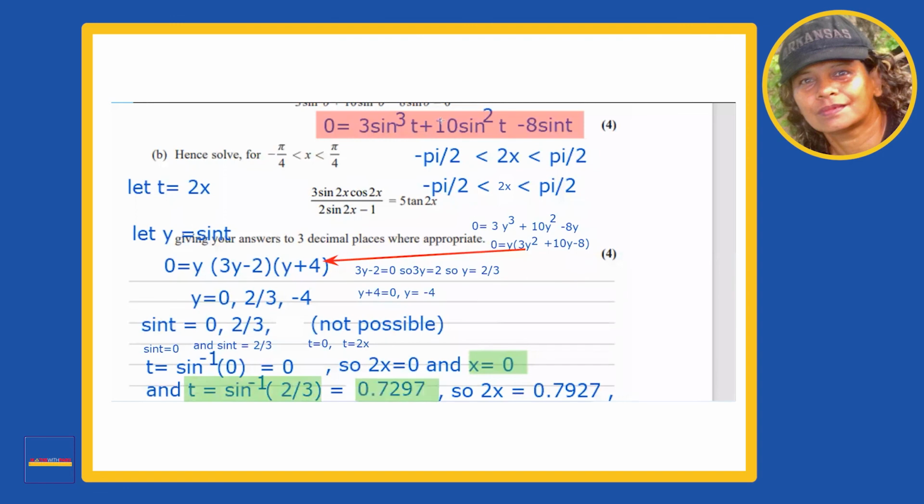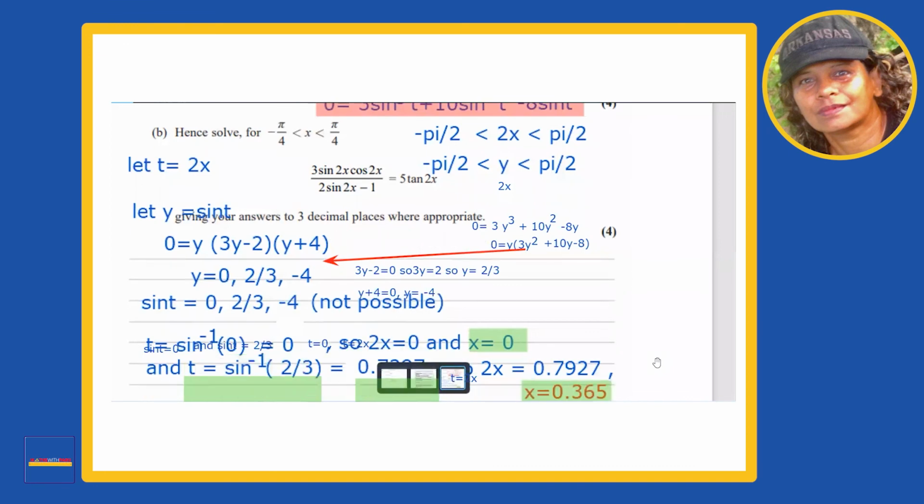But we already know that t is equal to 2x. So 2x is equal to 0.729, and therefore x is equal to 0.365.